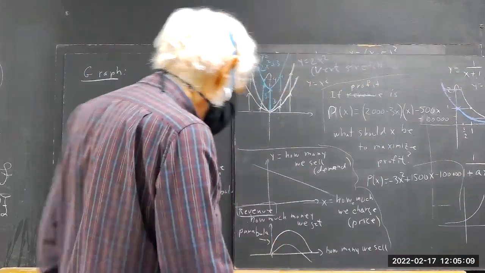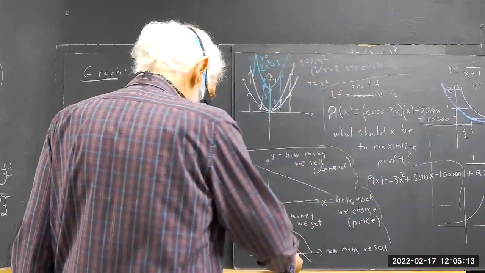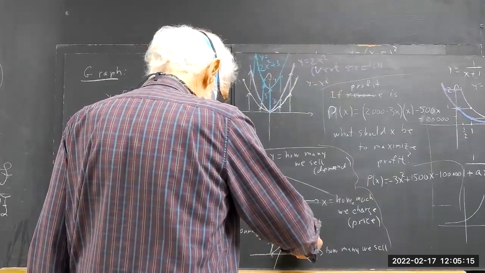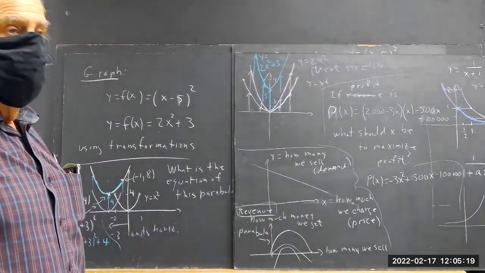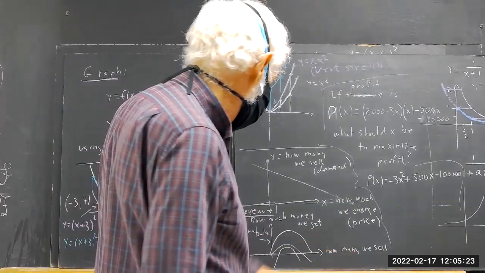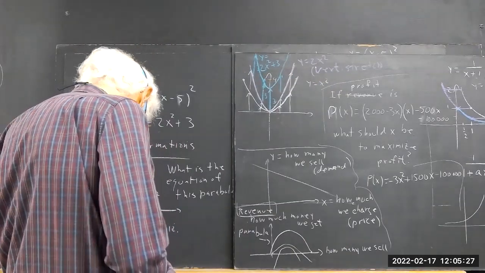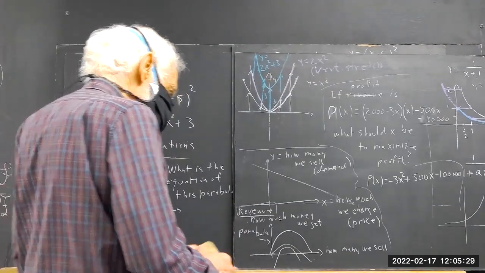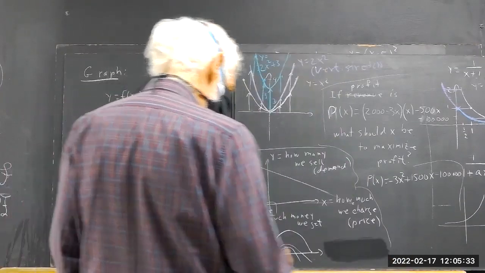That puts a real damper on this because that lowers the graph. That's just the graph down 100,000. Well, what are you trying to find? You're trying to find how many. Well, okay, let's change this a little bit, and I'm fudging a little bit. But let's say this is how much we charge.